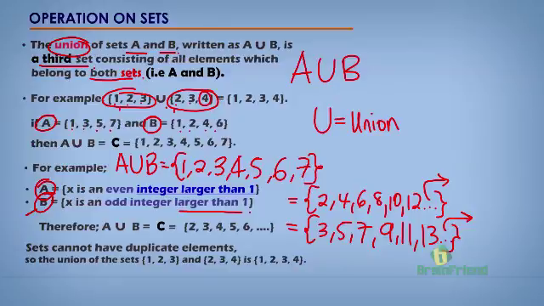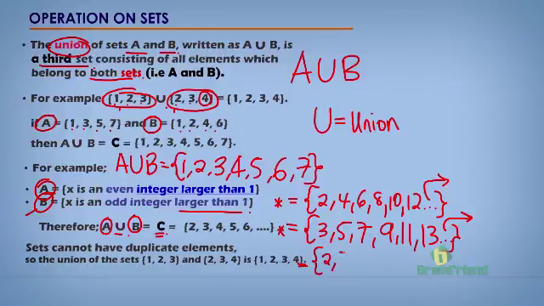The union, therefore, of our sets A and B, that is A union B, would be a set C that has as the members of its set the elements that are present in our set A and our set B. Let's take a look. Elements in set A, 2.